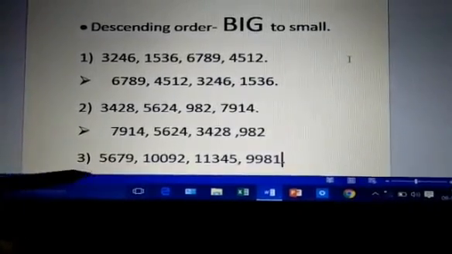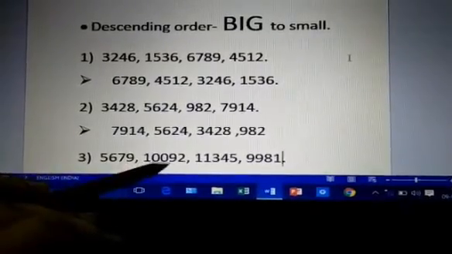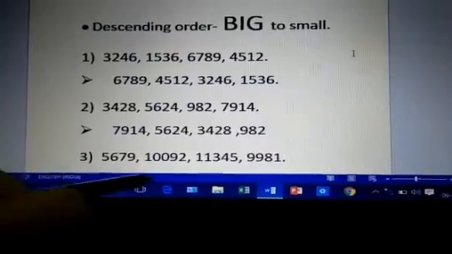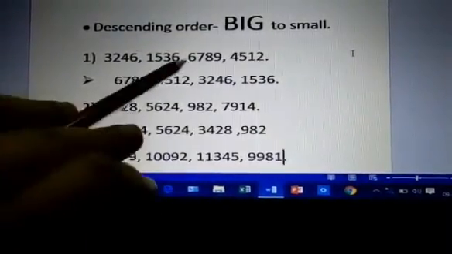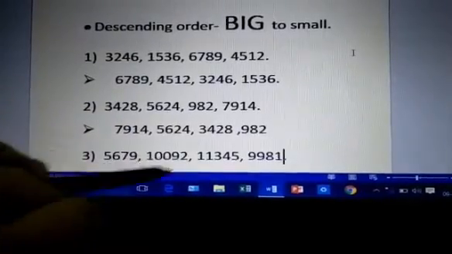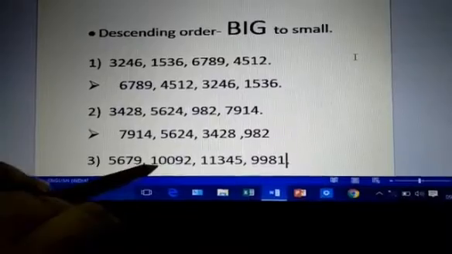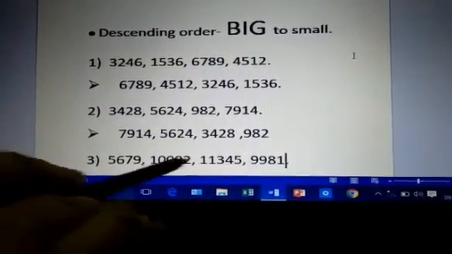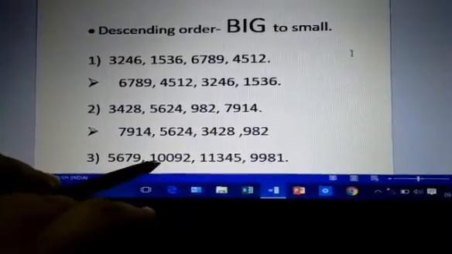Okay, now here we are having 4 digits, 5 digits, 5 digits, 4 digits. So we will compare now first between these 5-digit numbers. Why? Because we are arranging from big to small. So the 5-digit numbers, here 10,000s place I am having 1, and here also I am having 1. Now because 10,000s place is same, we will go to thousands place.